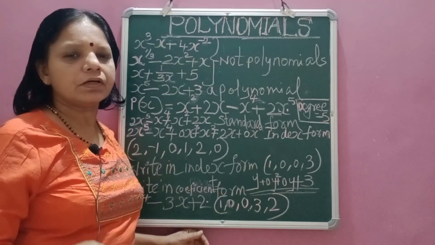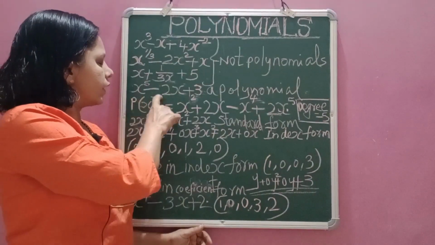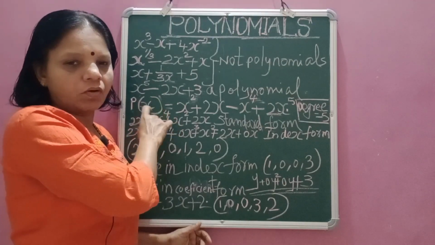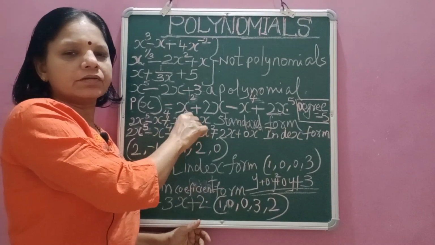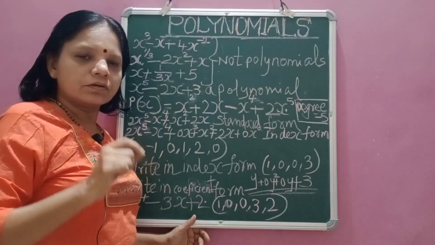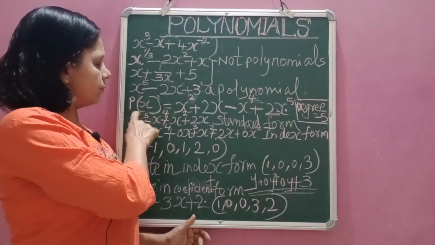If that variable is x, it is expressed as p bracket x. It is read as p of x. P of x, if the variable in the polynomial is x. If it is y, p of y. Only one variable is used. That is the case we are considering. So there is an example.